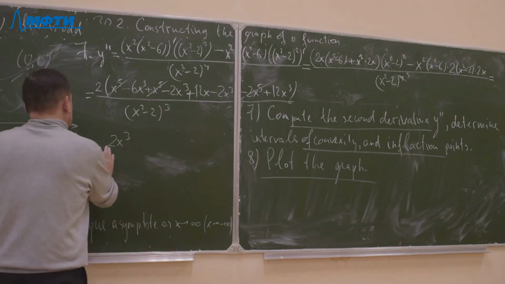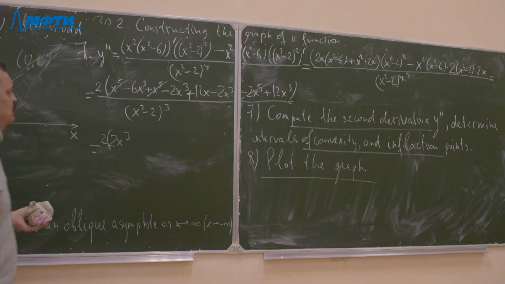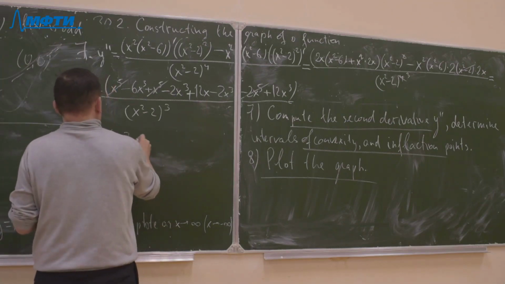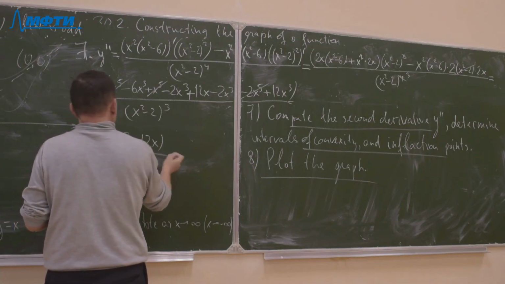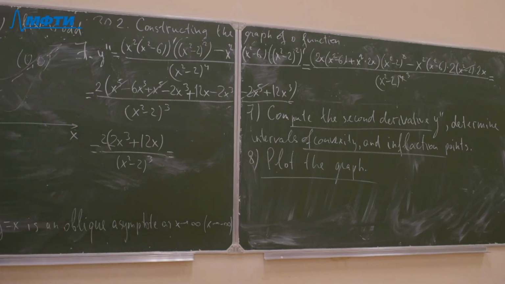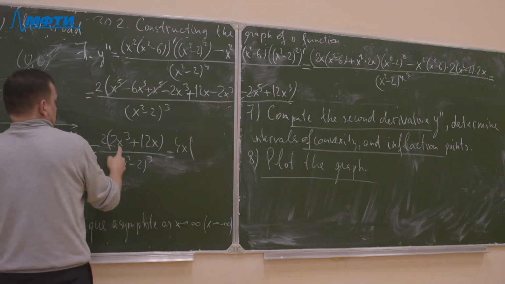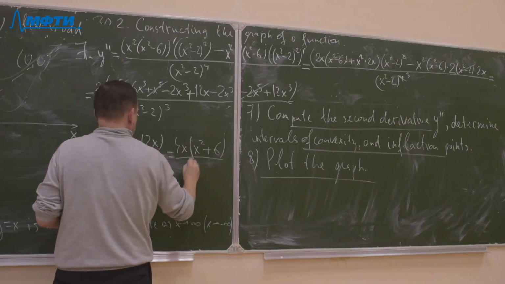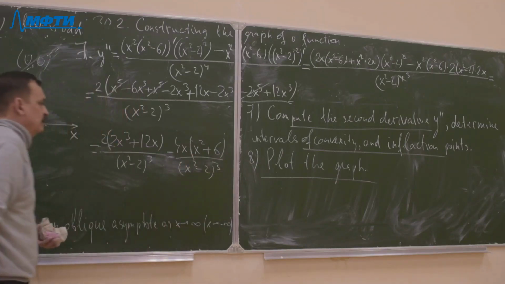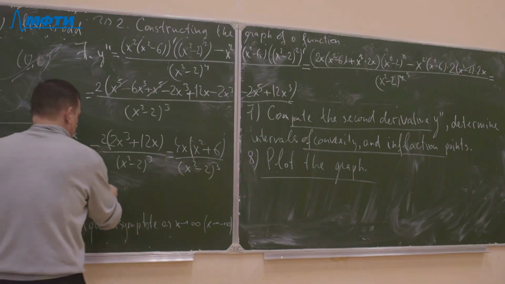Sorry, common multiplier 2, I forgot. 2 times 2x cubed plus 12x, right? 12x over x squared minus 2 cubed. That is 4x times x squared plus 6 over x squared minus 2 cubed. That is the second derivative, and we can draw a picture.